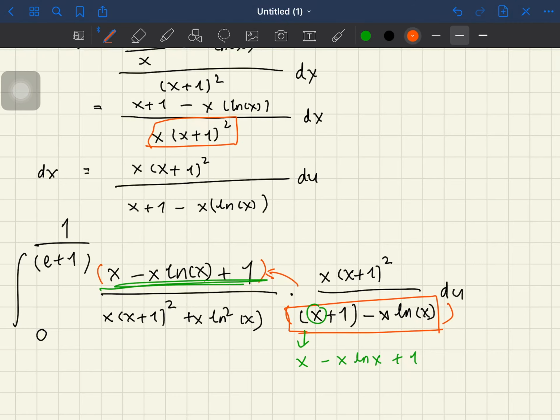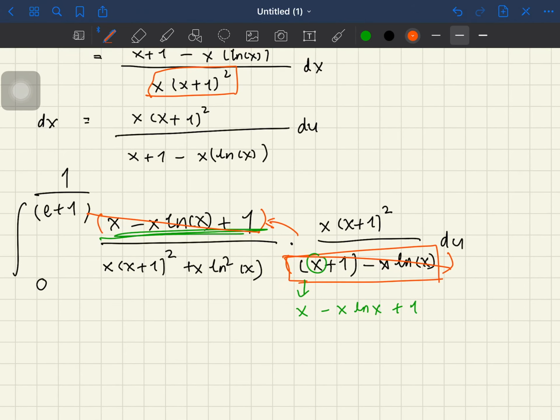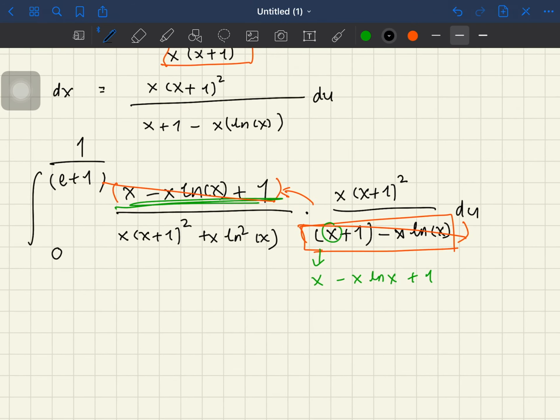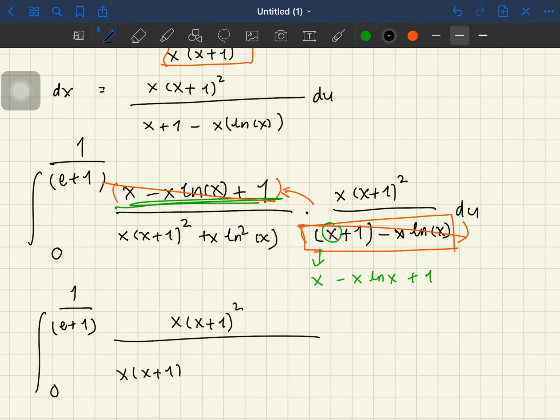So we are able to cancel these two things, and what you get at the end is nothing but the integral from 0 to 1 over e plus 1 of x plus 1 squared over x plus 1 squared plus x ln squared x, du.